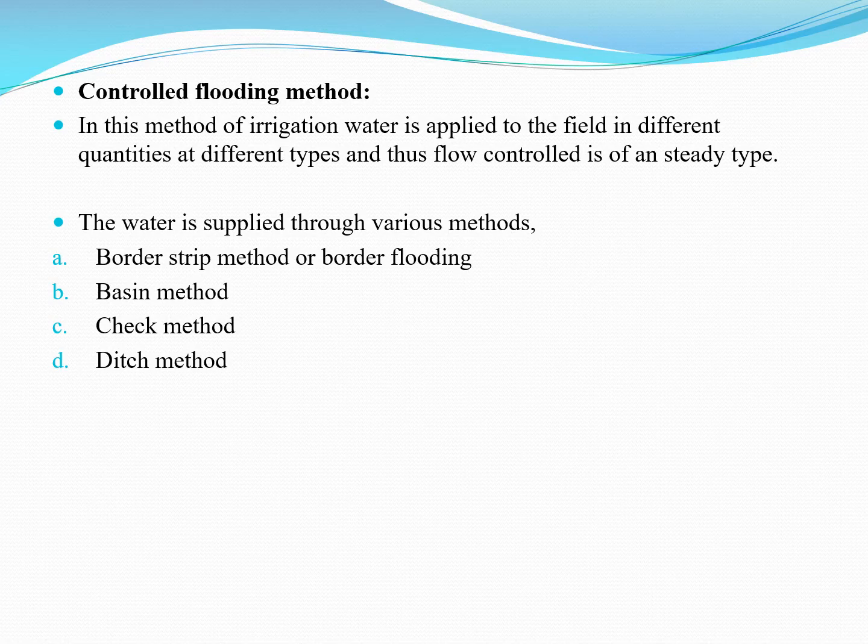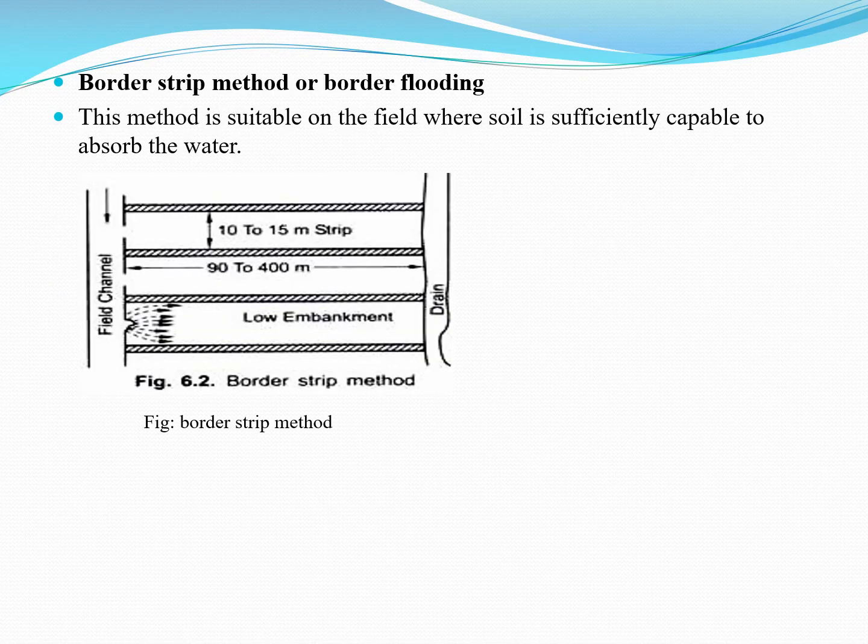In this controlled flooding method, the water is supplied through various methods like the border strip method or border flooding, basin method, check method, and ditch method. So let's first see the border strip method or border flooding.